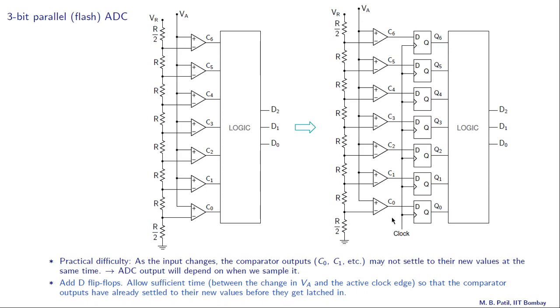In that case, we can make sure that our active clock edge here is 50 nanoseconds after the analog voltage has changed, and then we are sure that these values Q0, Q1, Q2, etc. are consistent with the new analog voltage VA2, and then we get the correct D2, D1, D0 at the output.